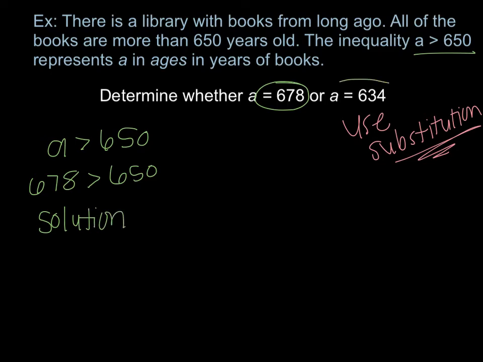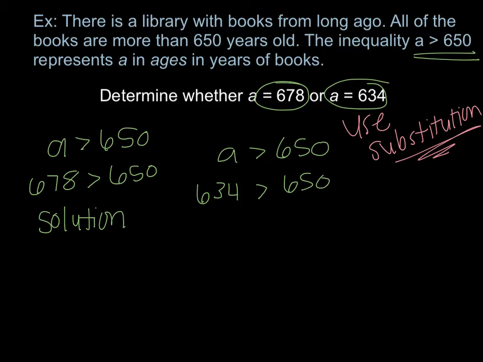Now we're going to take the next number. A equals 634. So here's our original inequality from up here. If I plug in 634, make sure I get my sign right, is greater than 650. Is that true? 634 is greater than 650? No, that's not true.